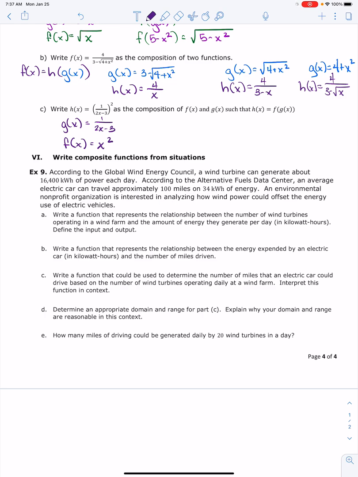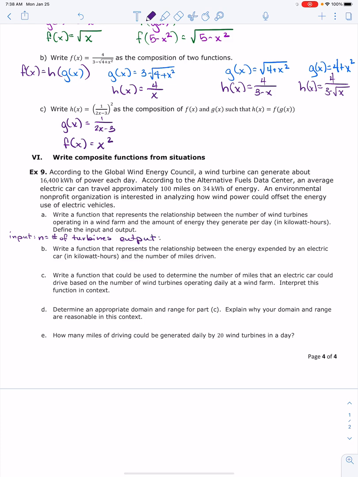Okay, so A wants a function that represents the relationship between the number of wind turbines operating in a wind farm and the amount of energy they generate per day. So my input, I'm going to call N, which is number of wind turbines. My output, maybe I can blow this up so you can see better.